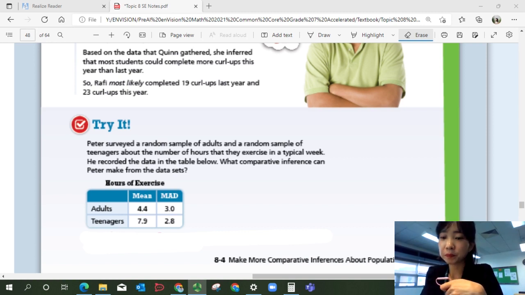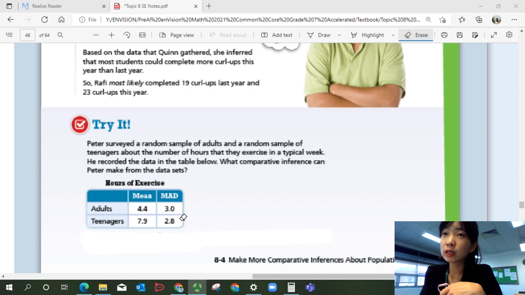Okay, are you ready? So you can see that the mean of teenagers is greater than the adults. So that means on average, teenagers get more hours of exercise than the adults. But the variability is also smaller compared to the adults, right?